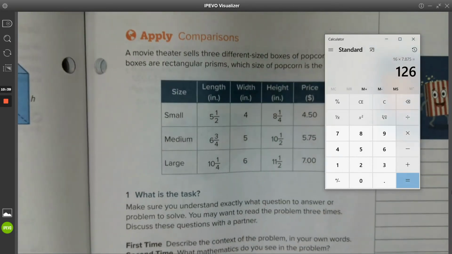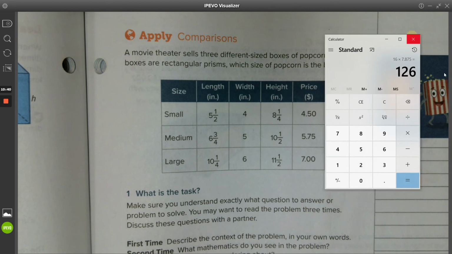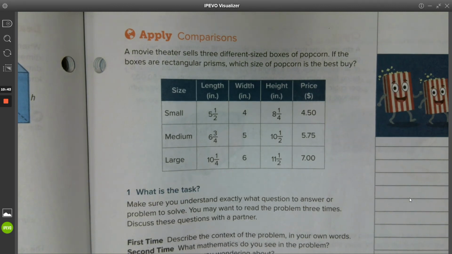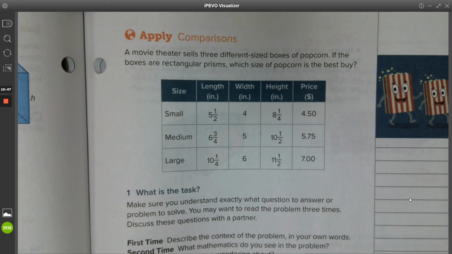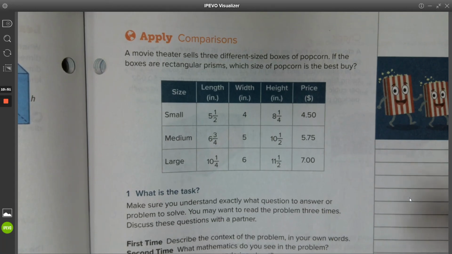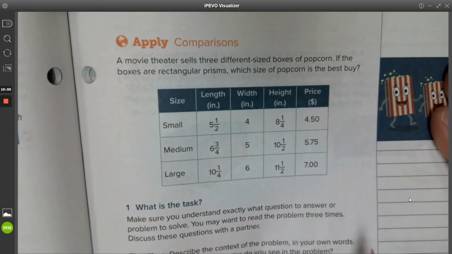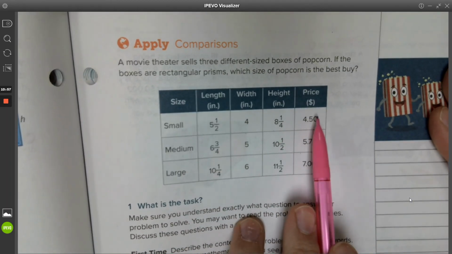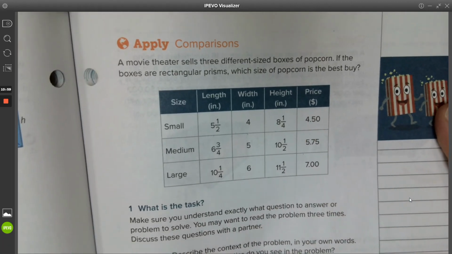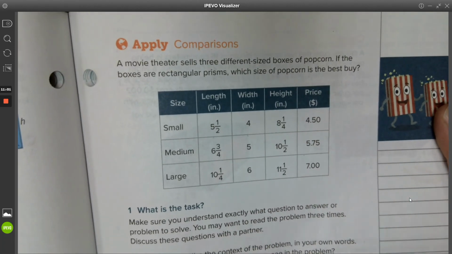All right, moving on to our apply problem. A movie theater sells 3 different size popcorn. If the boxes are rectangular prisms, which size of popcorn is the best buy? So what you need to do is find the volume of each one and then take the price and divide by that volume to figure out what is the price per inch.